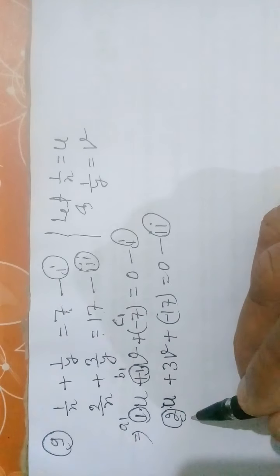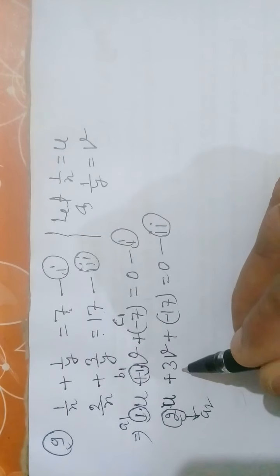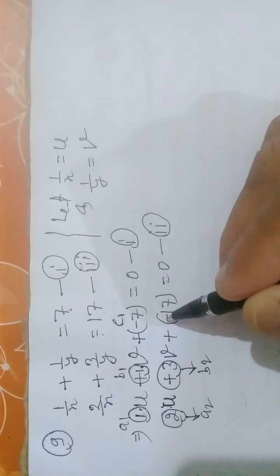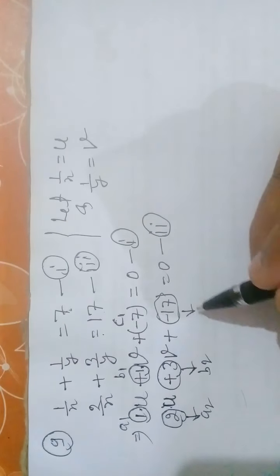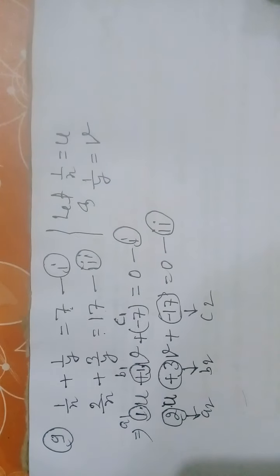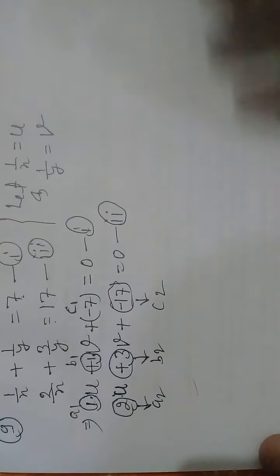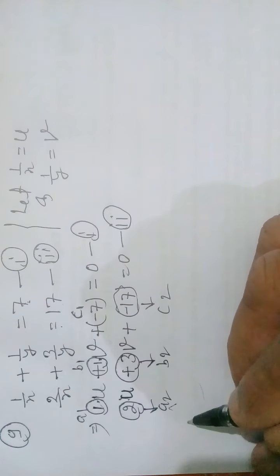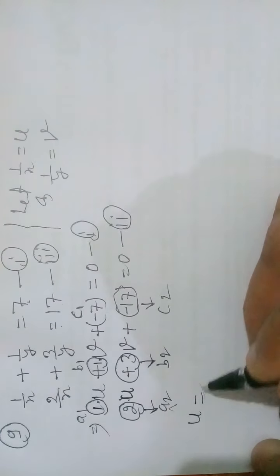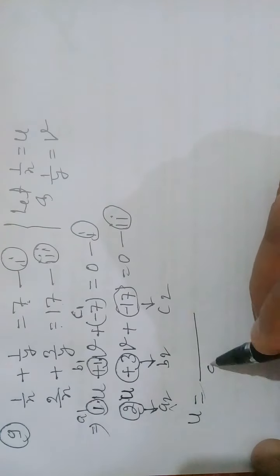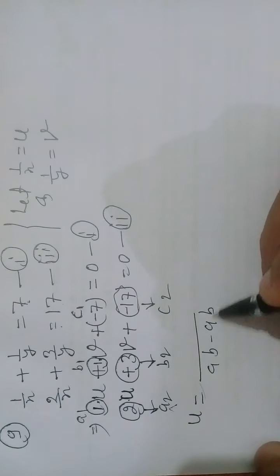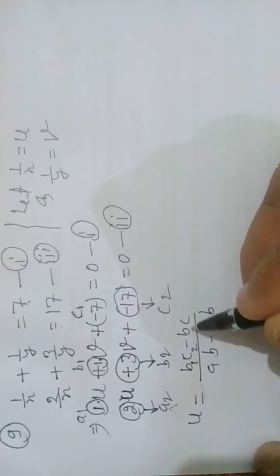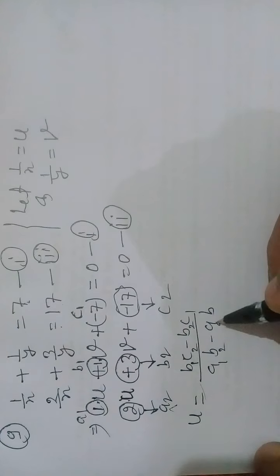This is the value of a2, this is the value of b2, and this is the value of c2. We know that by the formula of cross multiplication, u is equal to b1c2 minus b2c1 by a1b2 minus a2b1.